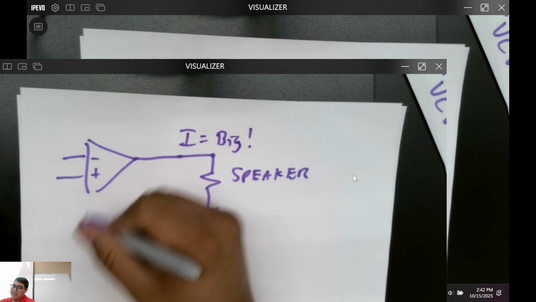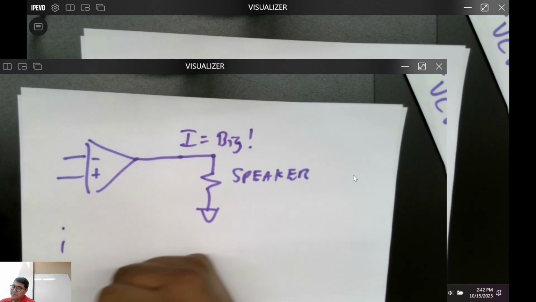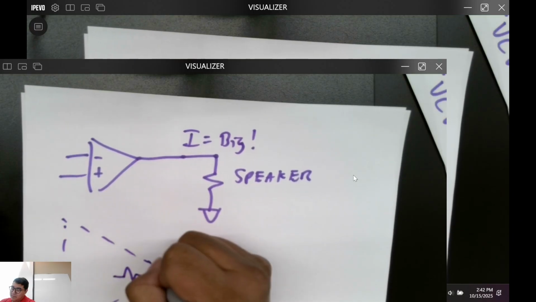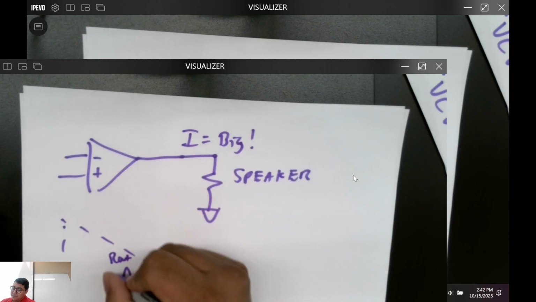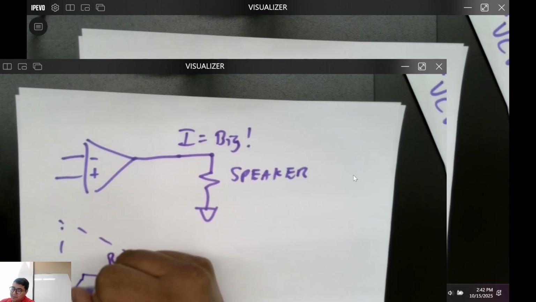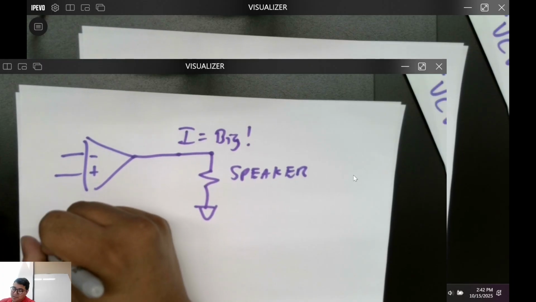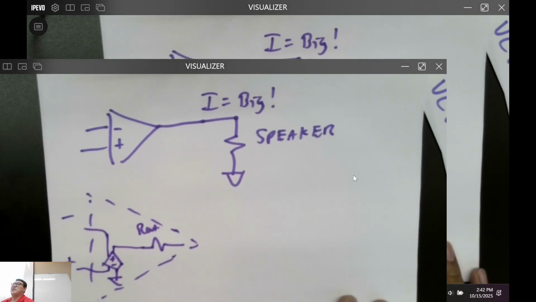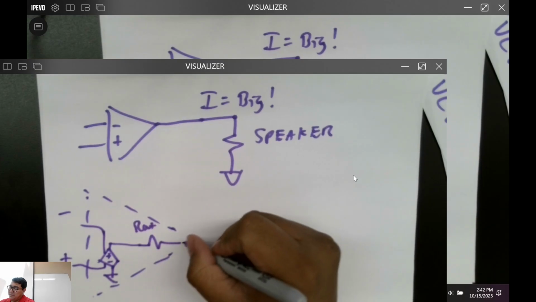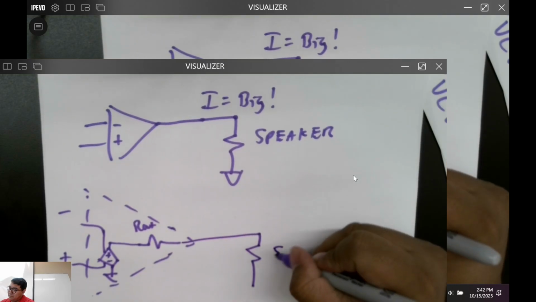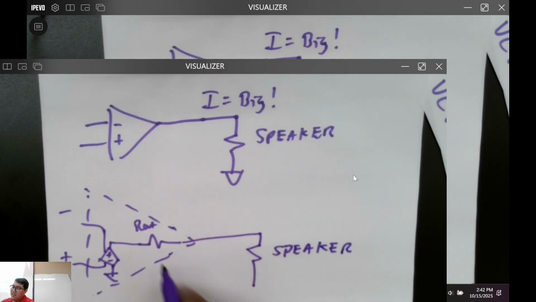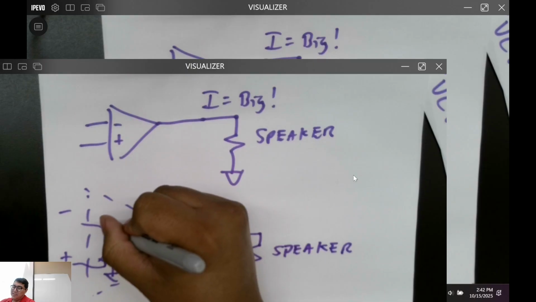But let's just say internally, I'm just going to do this. R out, then I have this plus minus. In reality, this plus is going to be right there. That's kind of what we're trying to model with this op amp. So I'm trying to drive, let's just say, 10 amps.